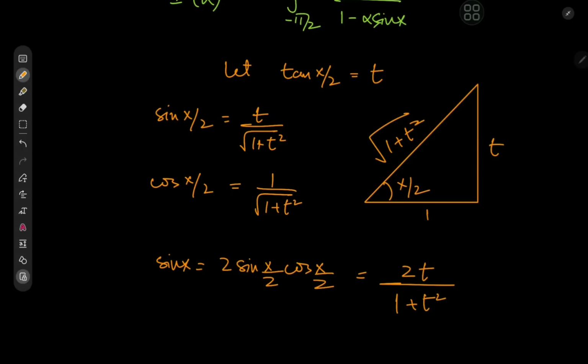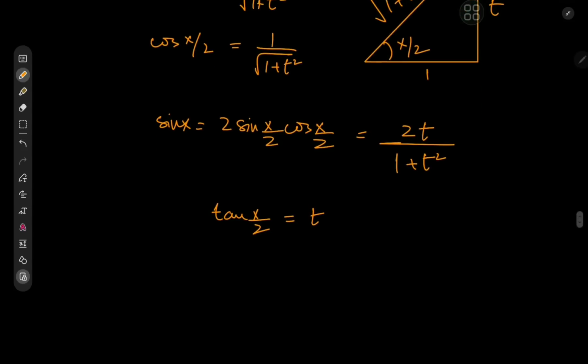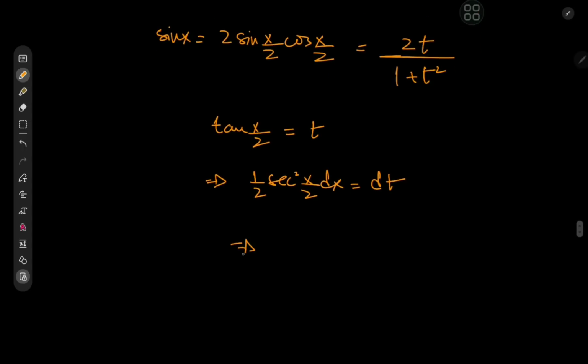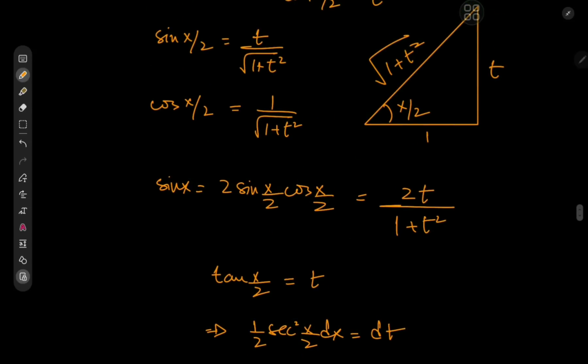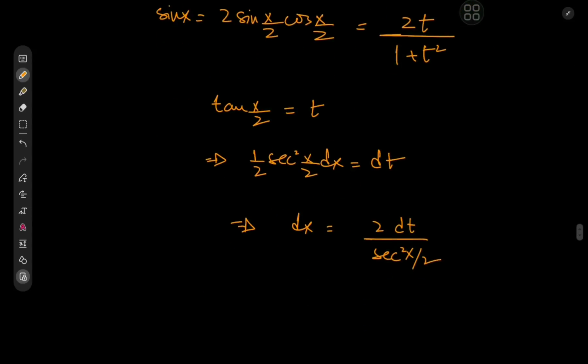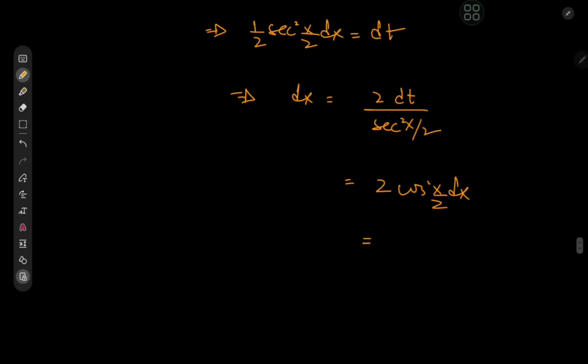Now what about the differential element? Well, tangent x by 2 equals t, and this means that 1/2 of secant square x by 2 dx equals dt, and this further implies that dx is just 2 dt divided by secant square x by 2, and from the cosine function we see that, well, we have secant square downstairs, so that's just cosine square x by 2 dx, and that of course gives us 2 by 1 plus t squared.